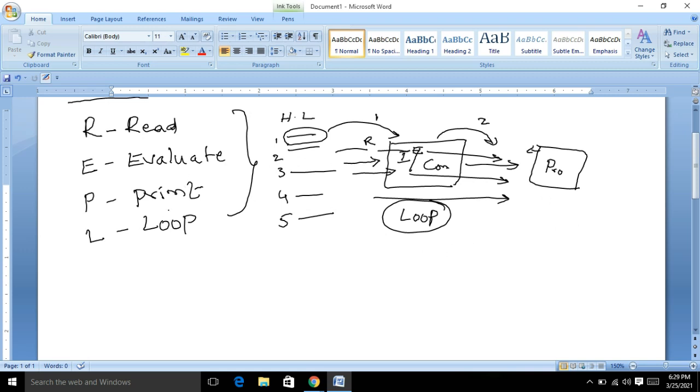Suppose I write four instructions: a equal to b plus c, x equal to m minus n, k equal to l into j, and i equal to y by z.